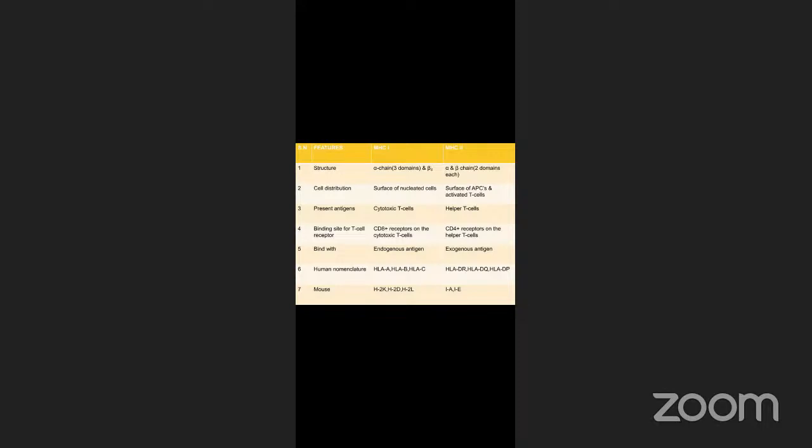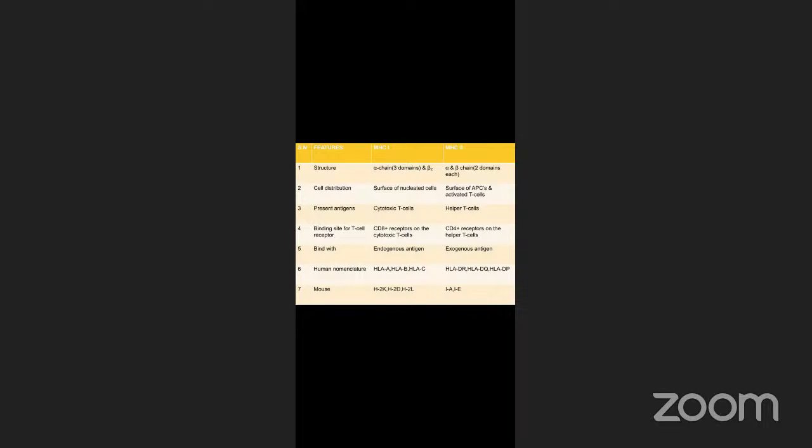The human nomenclature for the MHC molecule is human leukocyte antigen A, B, and C. These are the three subclasses of human MHC molecule 1. For MHC molecule 2, DR, DQ, and DP, three types are there.